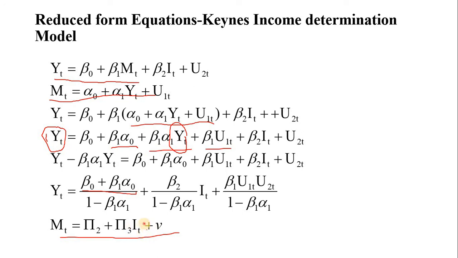Now you look at this equation. In both equations, Mt and Yt, the right hand side variable is the exogenous variable It. So in the reduced form equation only the exogenous variable comes on the right hand side, whereas in the structural equation both endogenous as well as exogenous or predetermined variables appear on the right hand side.